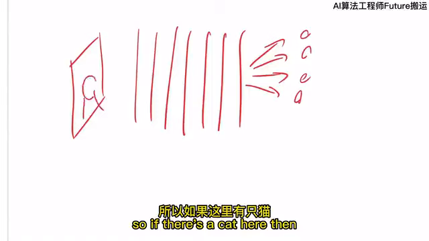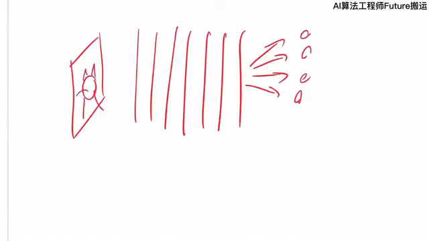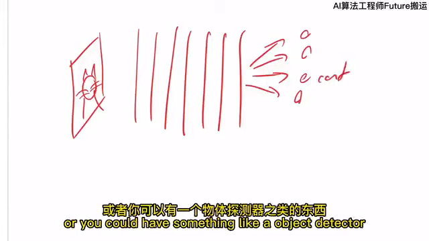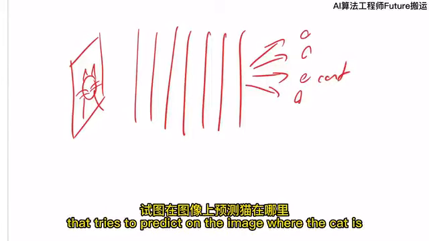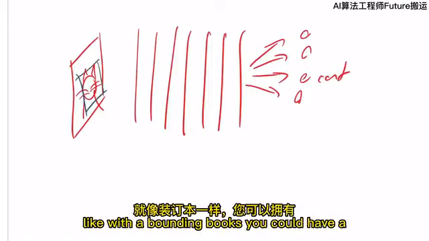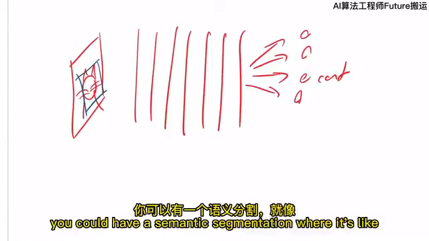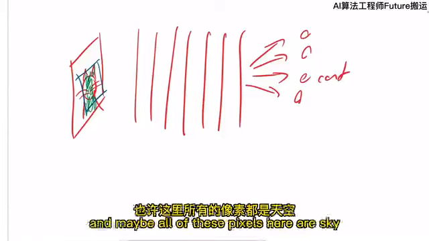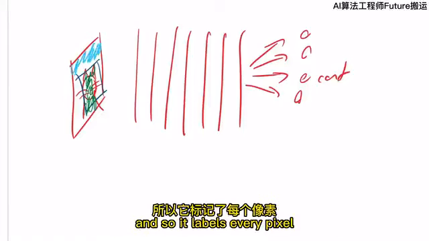So if there's a cat here, then the ImageNet classifier would say cat. Or you could have an object detector that tries to predict on the image where the cat is, like with a bounding box. You could have semantic segmentation where all of these pixels here are cat, and maybe all of these pixels here are sky, and so it labels every pixel.